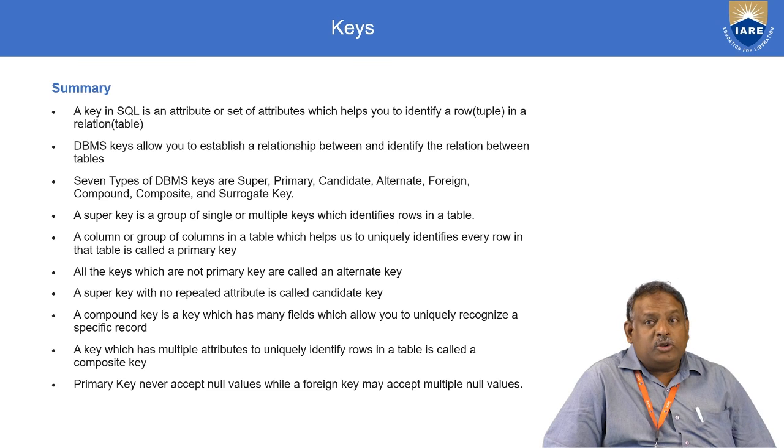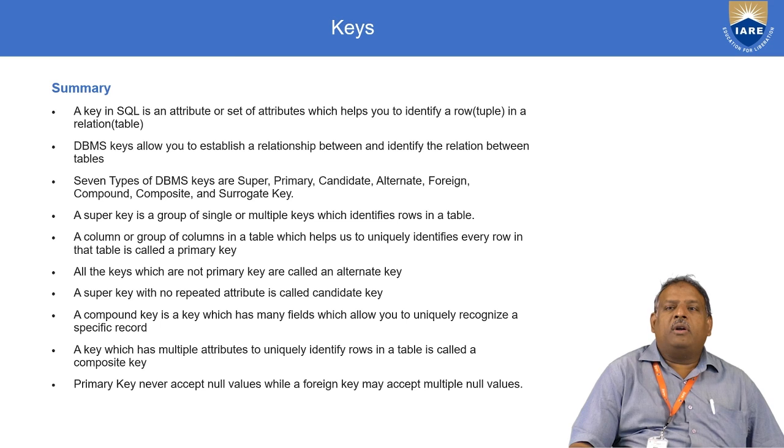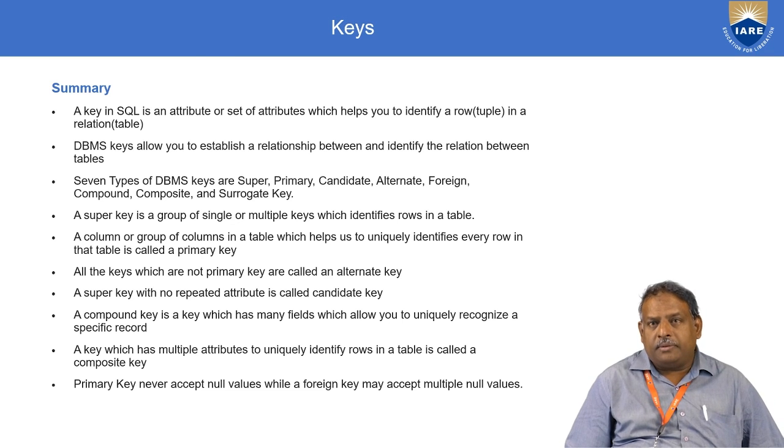A super key with no repeated attributes is called a candidate key. A compound key is a key which has many fields which allow you to uniquely identify a specific record. A key which has multiple attributes to uniquely identify rows in a table is called a composite key. A primary key never accepts null values, whereas a foreign key may accept multiple null values.